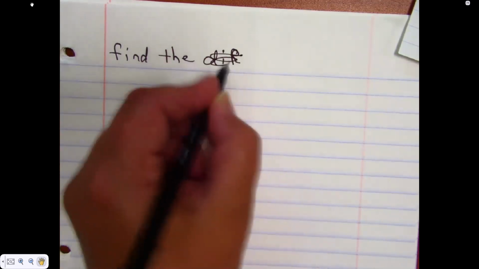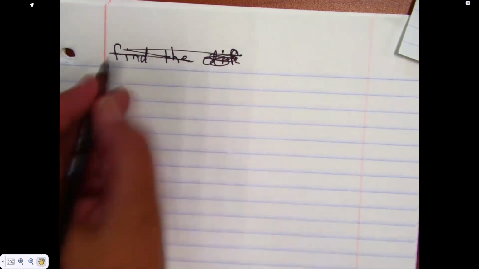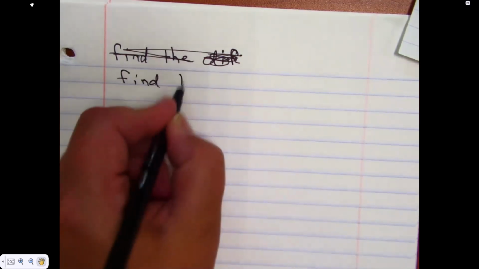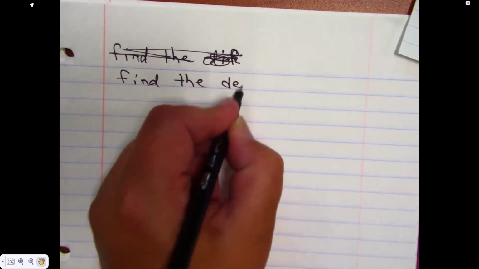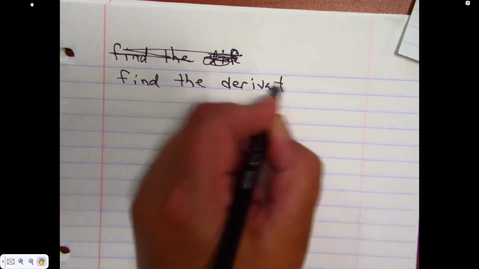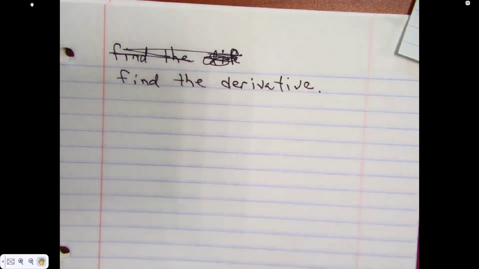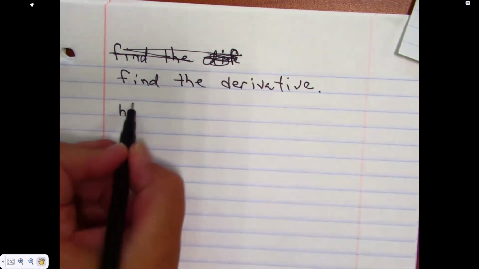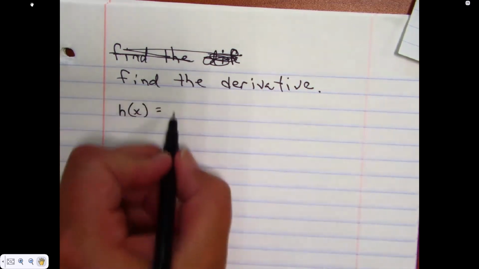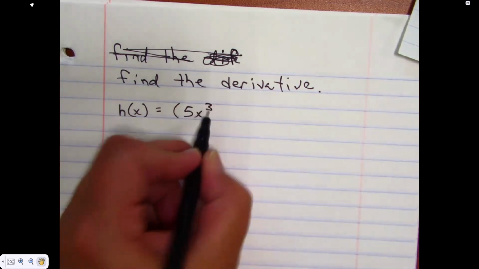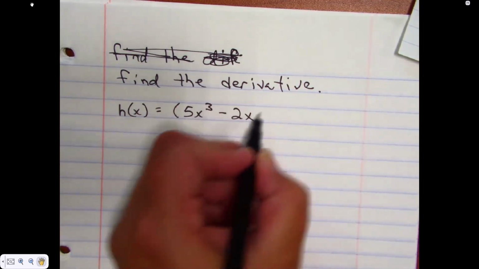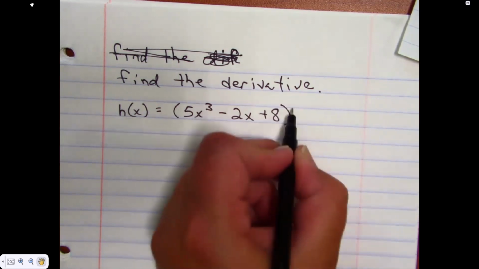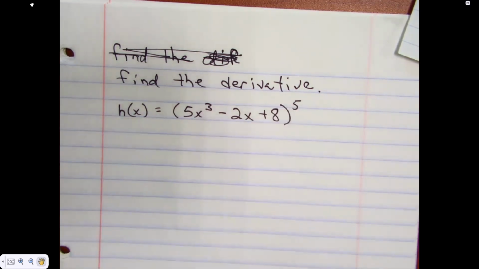And again, on your homework it might say differentiate, same thing. Okay, let's do h of x equals 5x to the 3rd minus 2x plus 8, all to the 5th power.